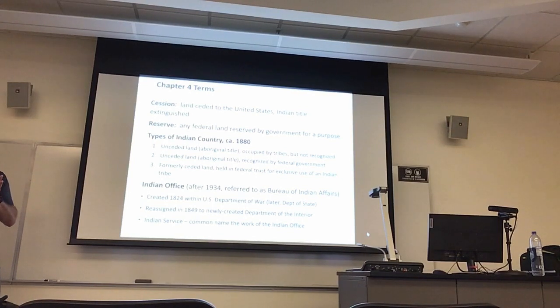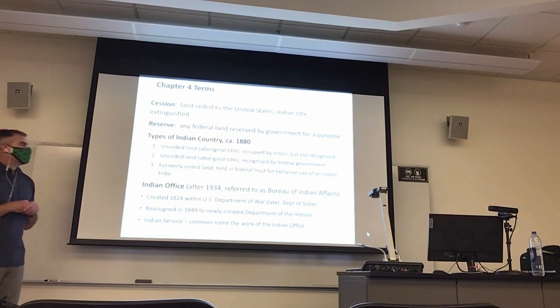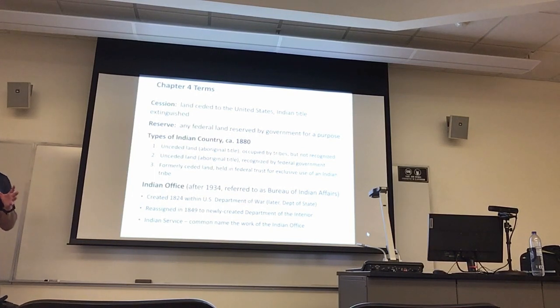Following closely that idea of reserving lands, beginning about the 1860s, 1870s for sure, certain lands were taken out of the public domain, particularly in the West. Public lands were taken out of the public domain and reserved for some reason or another.